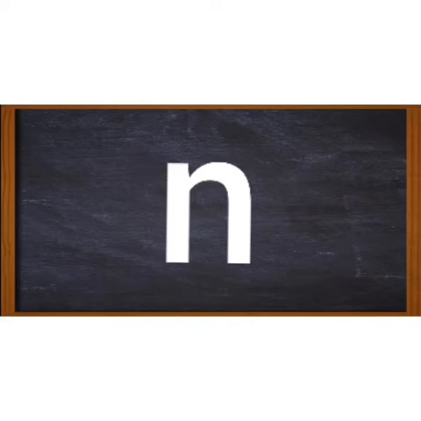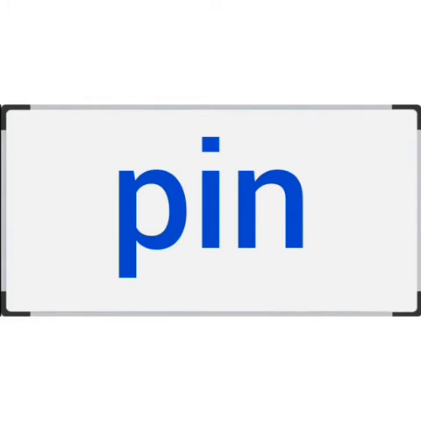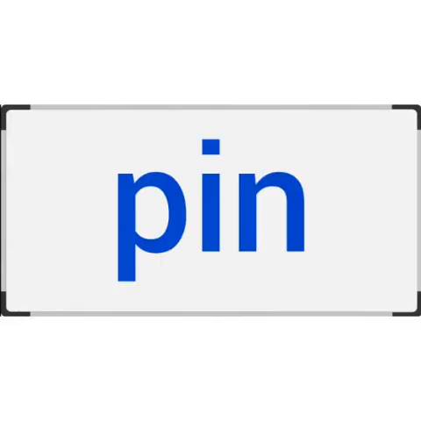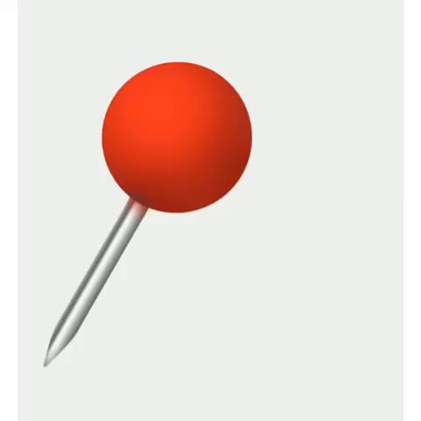And then we have p, i, n. Pin. Can you do that again? Pin. You don't want to touch that. Remember, pin is a sharp object and it can hurt you when you touch it carelessly. Please don't do that.